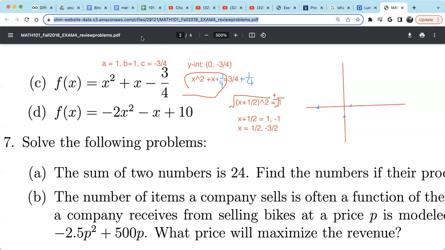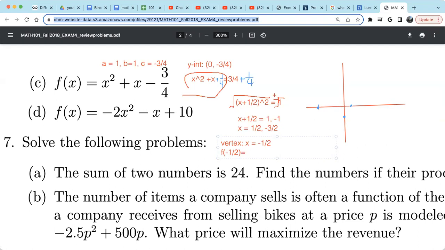Now let's find our vertex. Vertex x value equals -b over 2a. What is our b? Our b is 1, so -1 over 2 times a. A is 1, so there's a 2. So it's -1/2. So the x value is -1/2. Then we find the function value. We plug in -1/2 for the x value and evaluate.